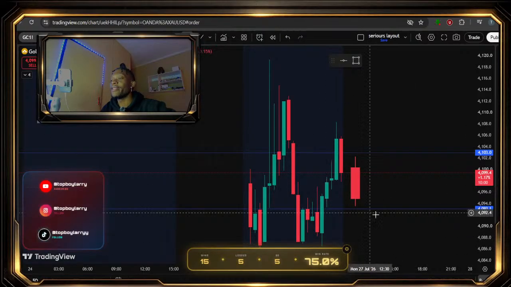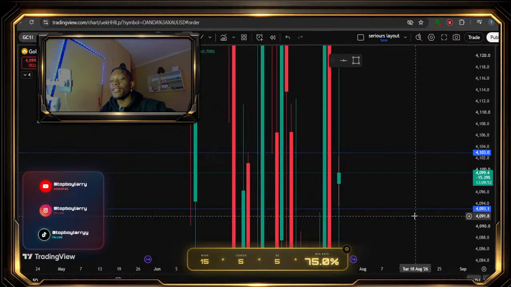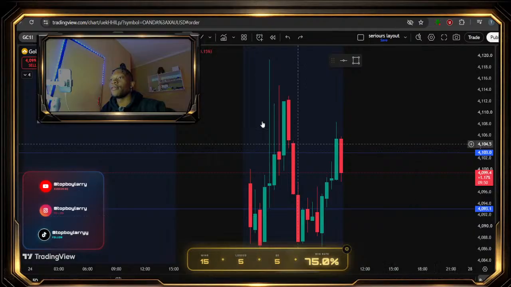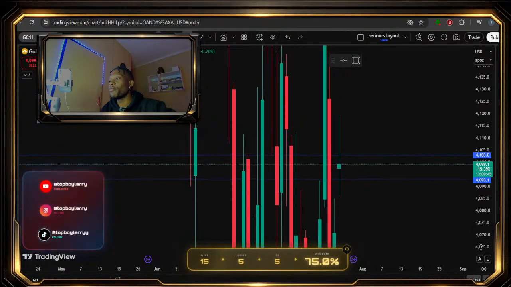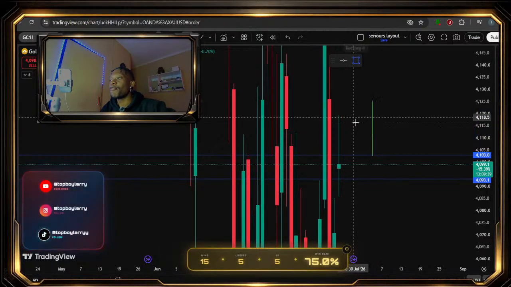This is basically the next move for me. And that would be, let me just see. On the daily, how would that look like? That would be the daily basically flipping from bullish, right?